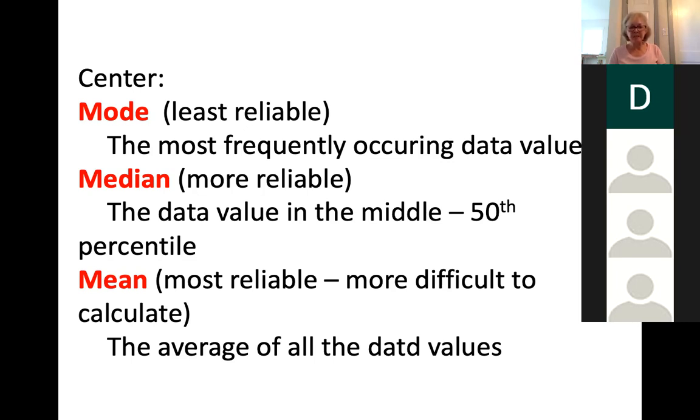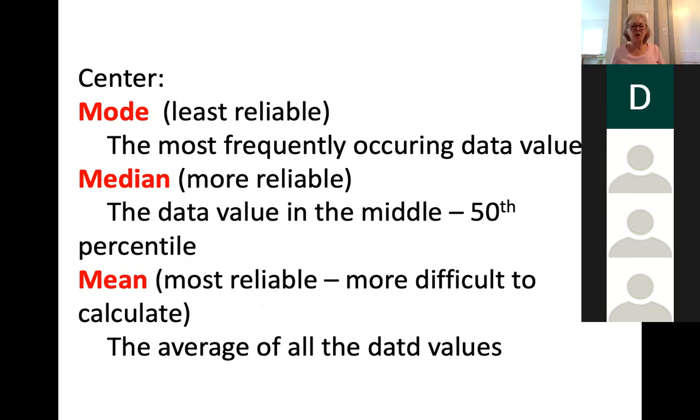The problem is you don't know anything about the students that are on the high end. Maybe 5 people got 100, and you'll never know that because all I'm telling you is the median. Maybe 2 or 3 people got a 42 or 43, and you'll never know that because I only gave you the middle value. The mean is the most reliable. It takes into account every single data value. It takes into account the 42, the 43, and the 5 people that got 100.